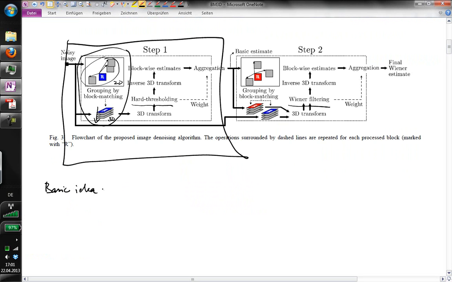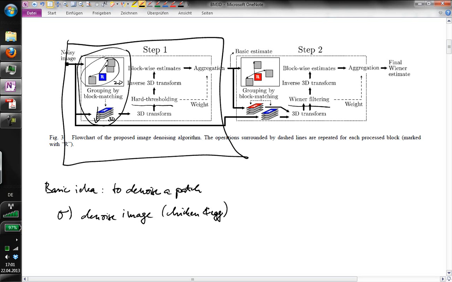The basic idea is to denoise a patch. We want to first denoise the image, which as before, is this chicken and egg problem, because image denoising is what all of this is about, really.